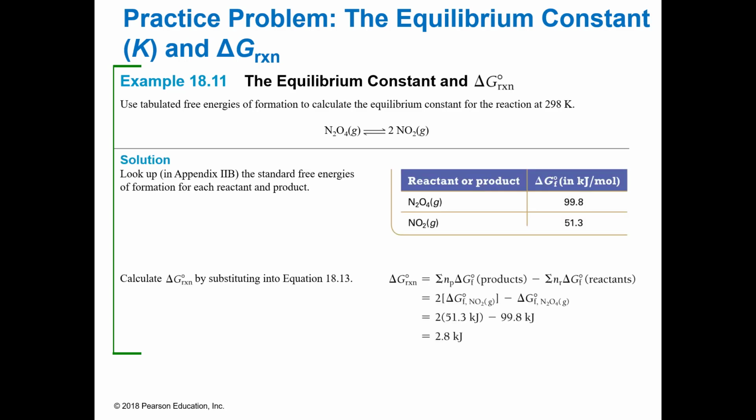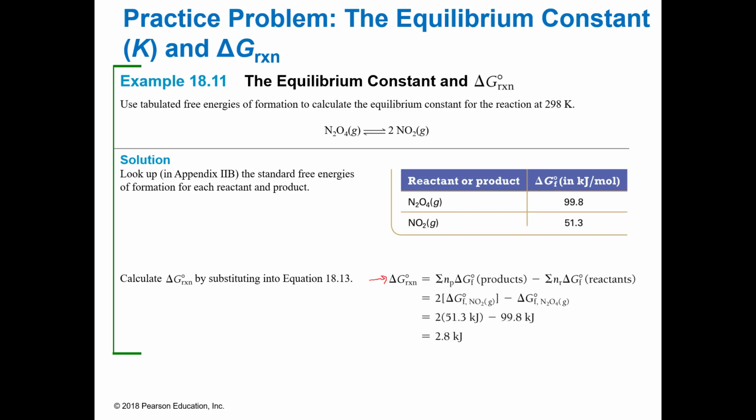So we look at the standard Gibbs free energies of formation in a table for the dinitrogen tetroxide and the nitrogen dioxide, and we plug those into the direct equation. You need to have that equation memorized, and we've seen this same equation for enthalpy and entropy, so it's not that difficult.